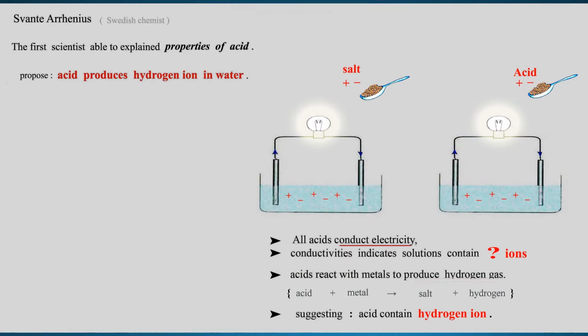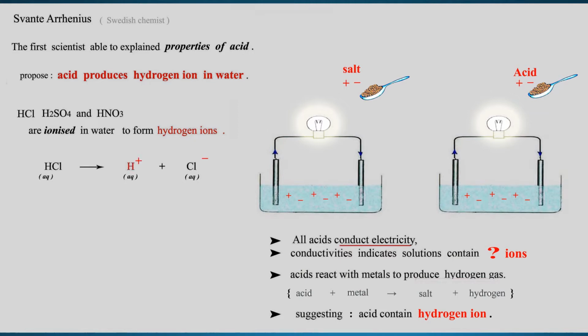So he suggested acid must contain a hydrogen ion. He proposed that HCl, H2SO4, HNO3 will ionize in water to form a hydrogen ion as follows.